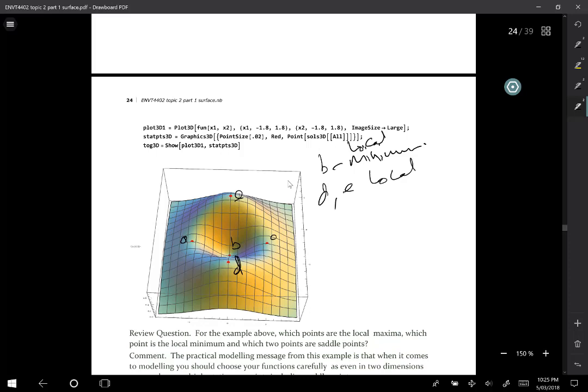D and E are local maxima, and they actually have the same objective function value, so there's a tie there for which is the best point. And then A and C are these saddle points.